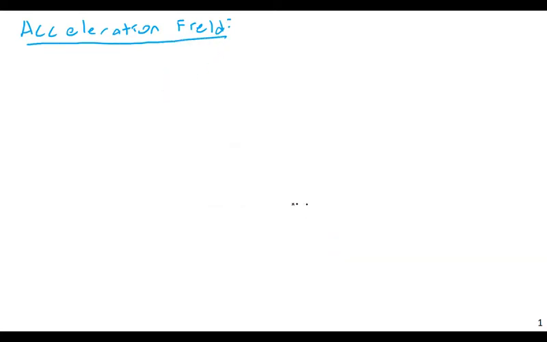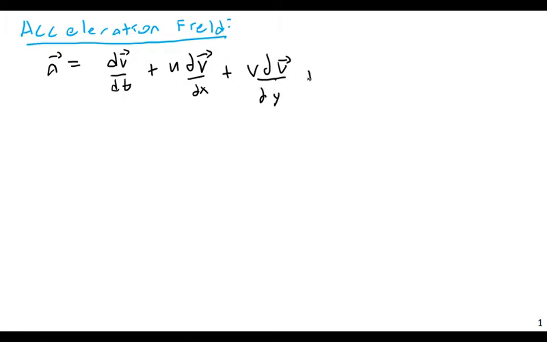well, obviously, I know that my acceleration vector for a field is going to be equal to dV/dt, which is going to be equal to the partial of V with respect to t, plus u times the partial of V with respect to x, plus v times the partial of V with respect to y, plus w times the partial of V with respect to z, where the velocity vector V is equal to simply the x, y, z components, ui plus vj plus wk.